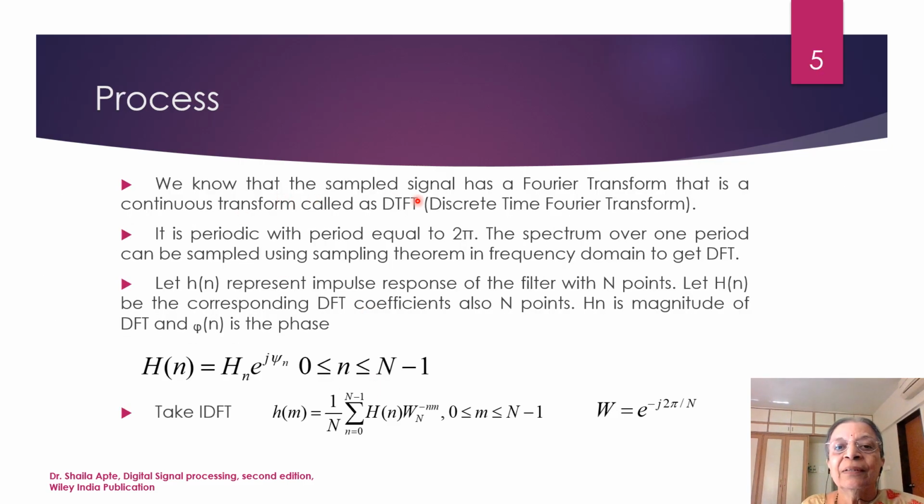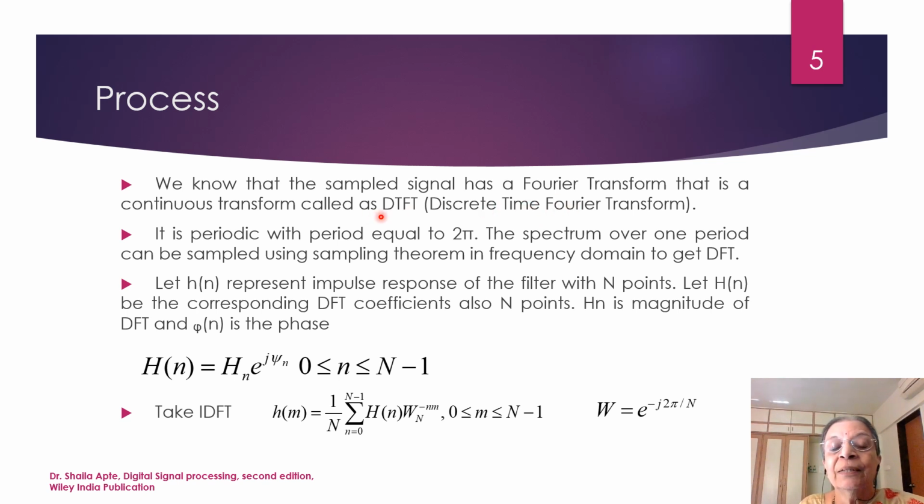Now we know that the sampled signal has a Fourier transform, that is continuous transform, called as DTFT. So if I consider that the impulse response of the filter is a discrete time signal, and we want to get the frequency domain picture of it, how will it be? It will be a continuous transform.